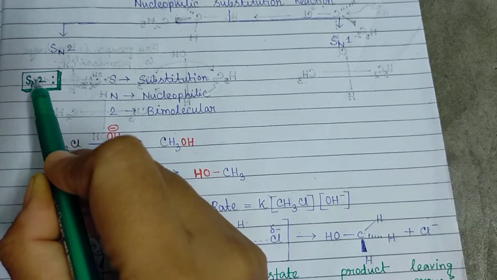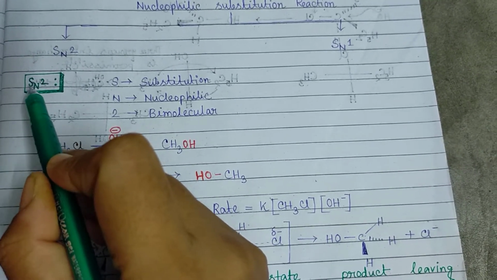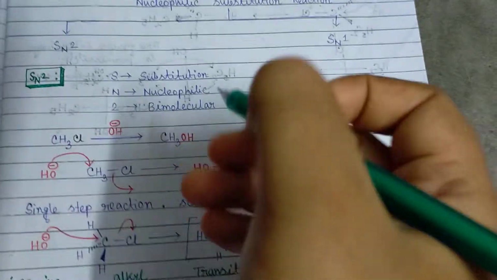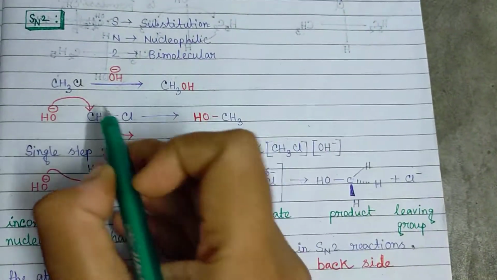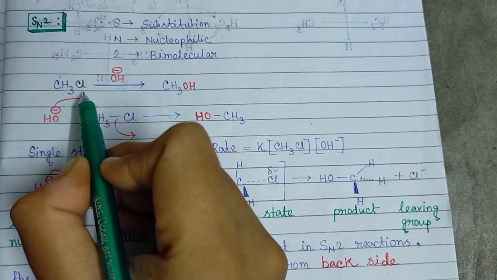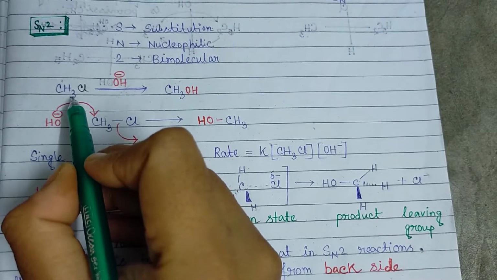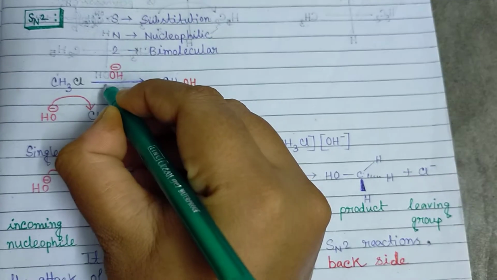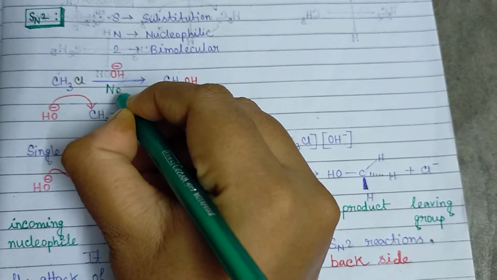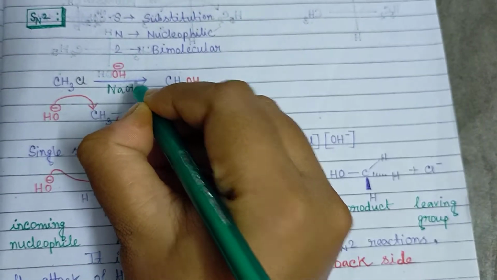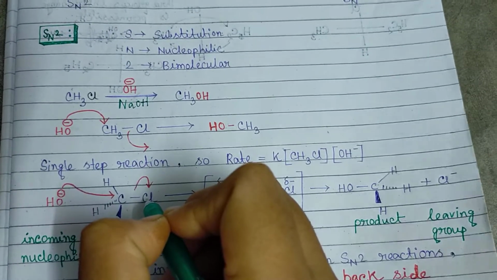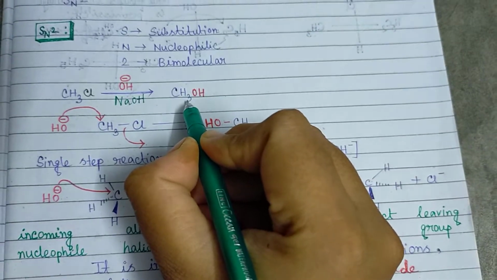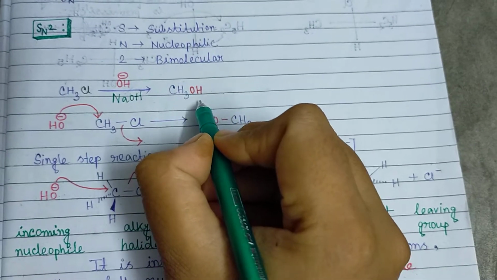All will be capital and there will be N in subscript of S. So if we take methyl chloride as the reactant and OH minus, which is coming from any base like NaOH, will be the nucleophile in this case, and the product will be the alcohol methanol.